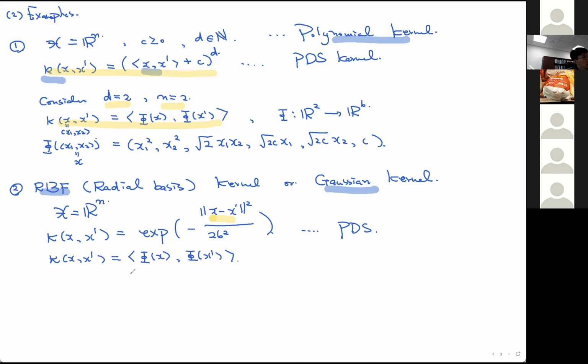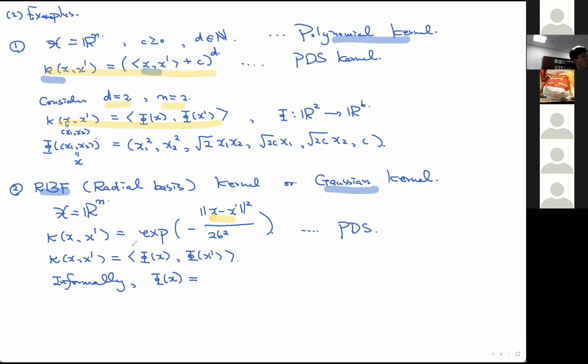Actually, intuitively, and this is not a formal definition, phi of x is really a polynomial of any degree.